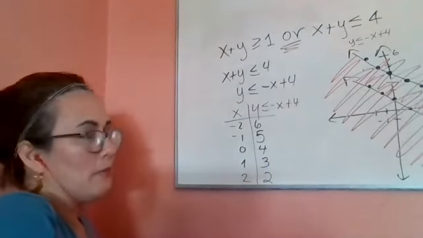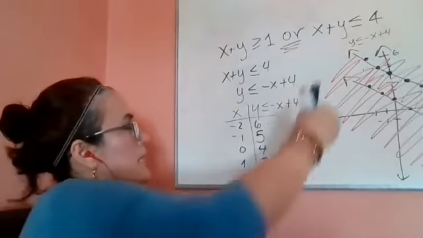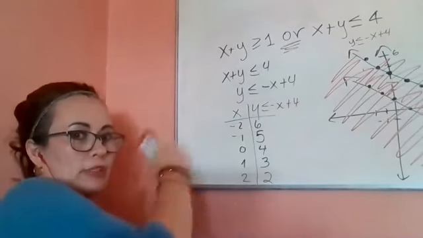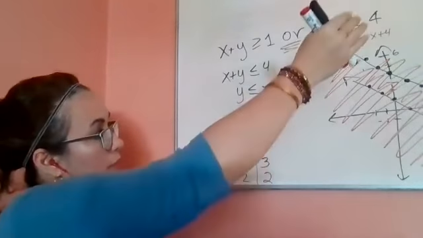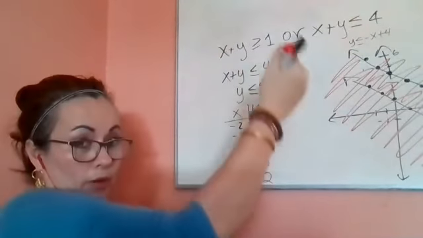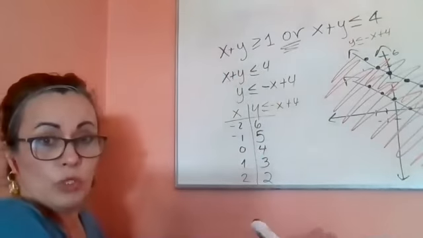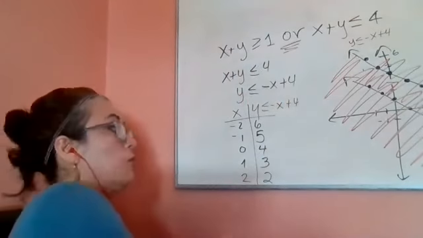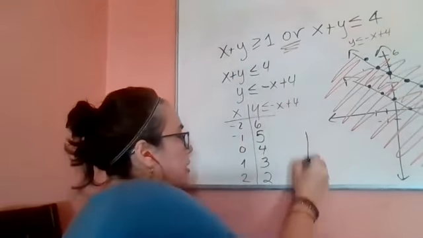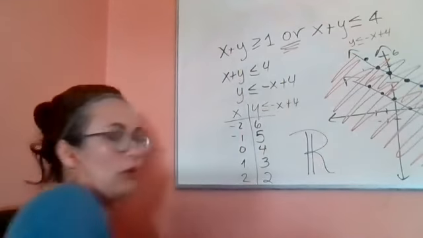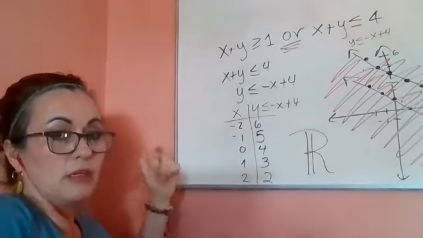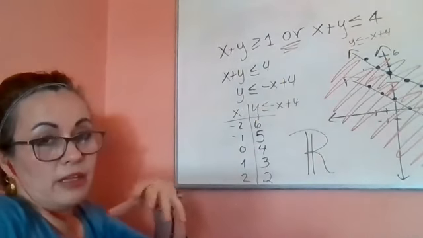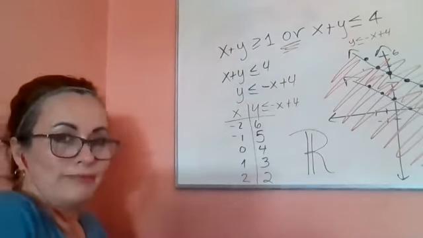Now, this is interesting because below the line covers one part of the coordinate plane, and above the line for the first one covers the other part of the whole coordinate plane. So which one is the answer for this problem? All the real numbers are going to be the answer because we cover all the negative side and everything on the positive side and also the zero. That's it.